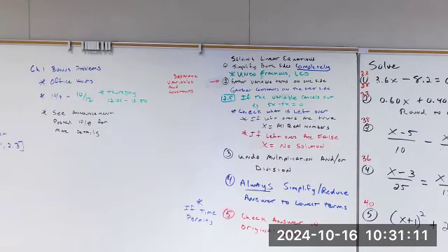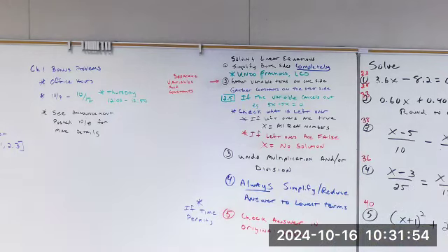So if you have some kind of function or equation and you want to figure out where it crosses the x-axis, you let y equal 0 and solve for x. To find an x-intercept, you let y equal 0, and then you solve for x. Where does it cross the x-axis?